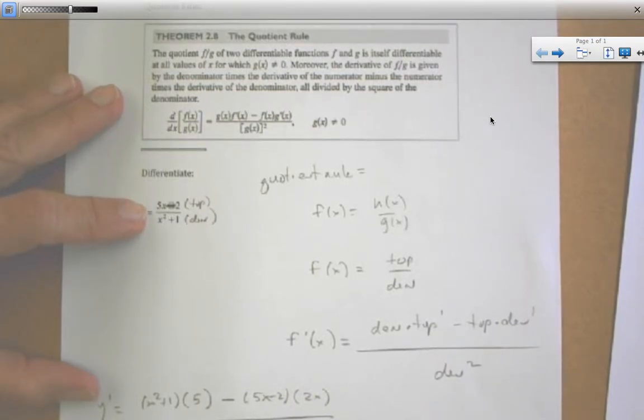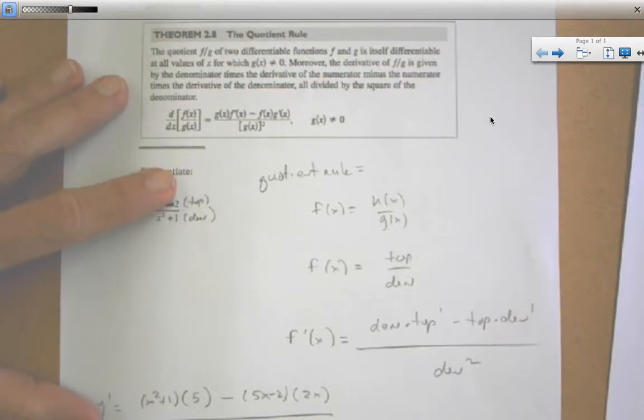So 10x squared minus 4x over x squared plus 1 squared. So that's 5x squared plus 5 minus 10x squared plus 4x all over x squared plus 1 squared. So see, I'm just doing a bunch of algebra now. So now I have 5 plus 4x minus 5x squared over x squared plus 1 squared.